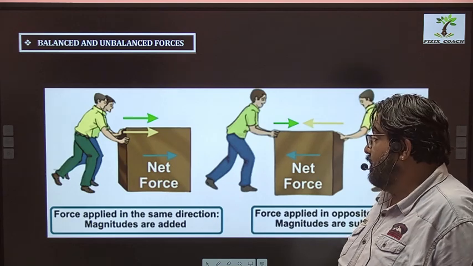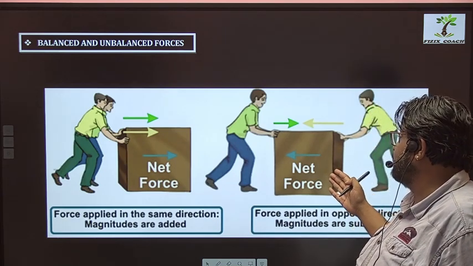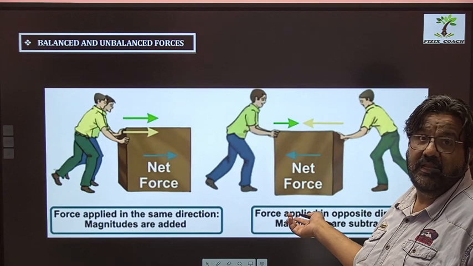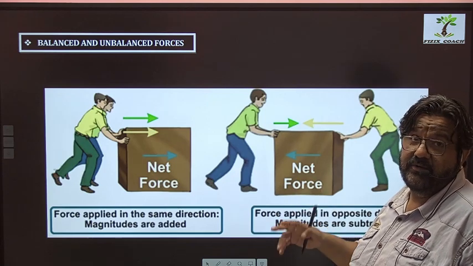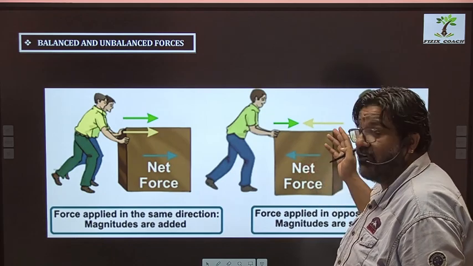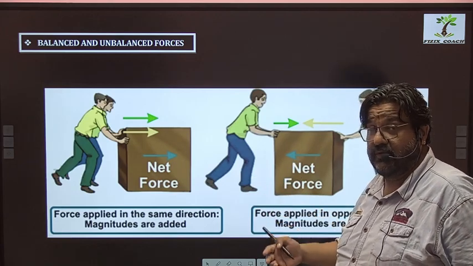Now, what if they start applying force in opposite directions? There are possibilities that the object may move in either of the directions. What do I mean by that?